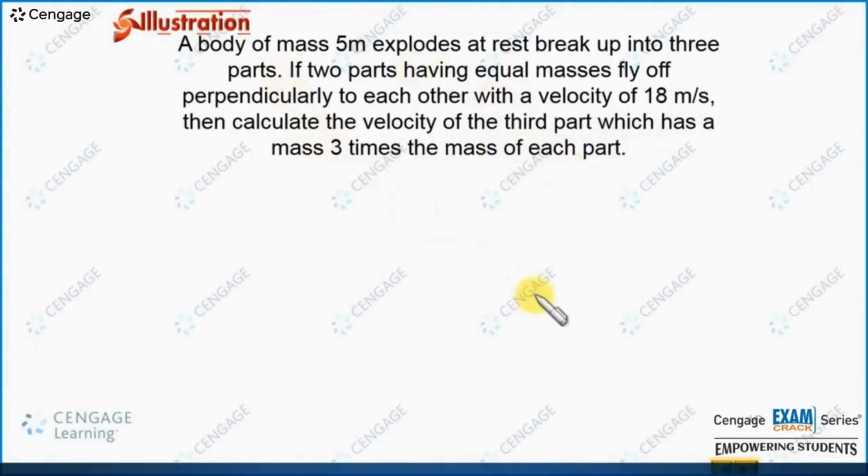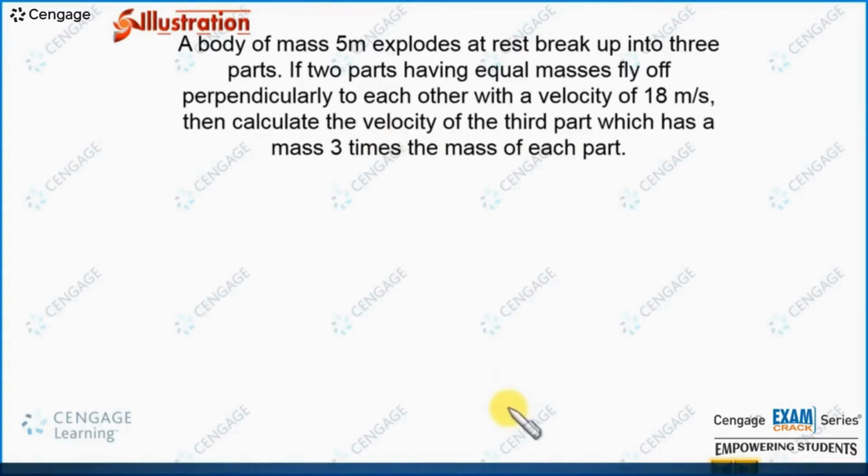Now let us analyze the situation. Initially the body is at rest, that means the initial linear momentum of the body is 0. Now the explosion occurs, and after the explosion the body breaks into 3 parts, right? There is no external force acting on the body.